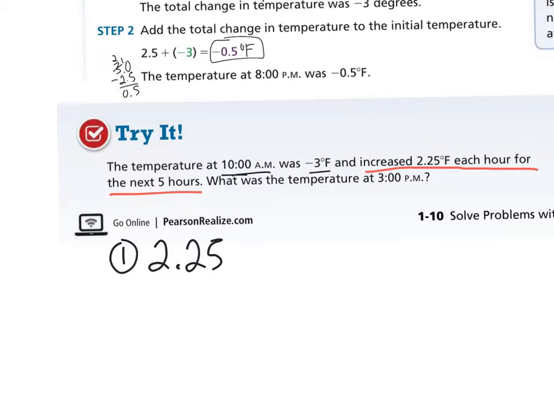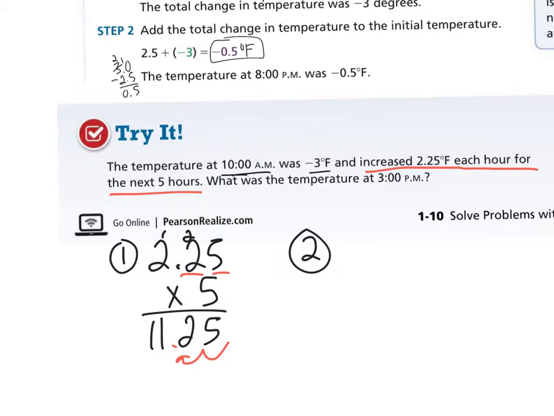So 2.25 times 5. We could change that to 2 1/4 and work it out that way if you want to. And remember at the end here we need to move our decimal over how many places? 2 places, okay? Probably good our temperature didn't go up by 1,125 degrees.